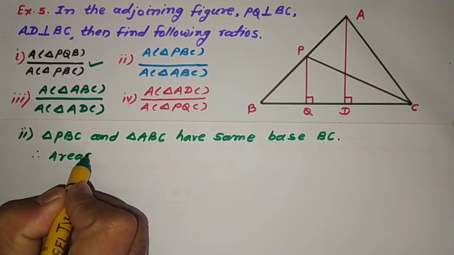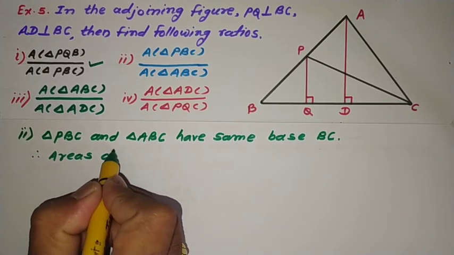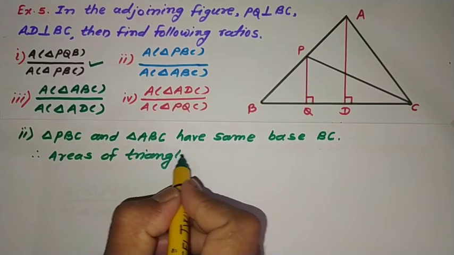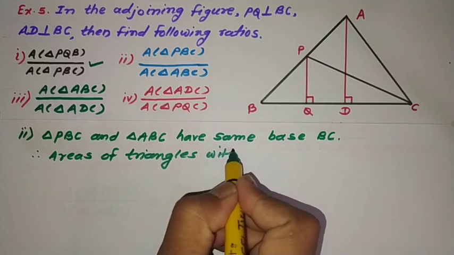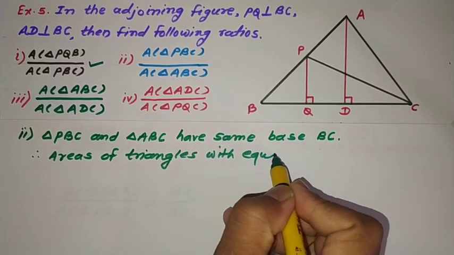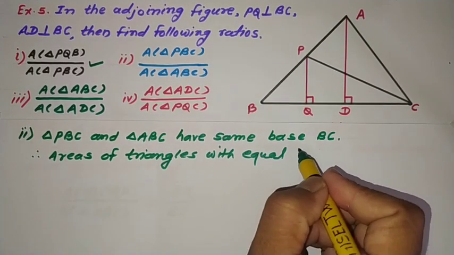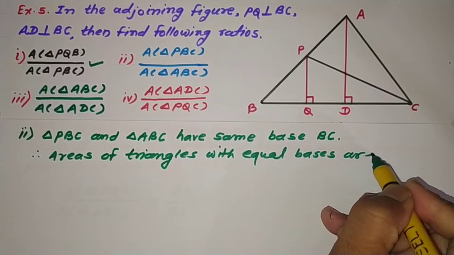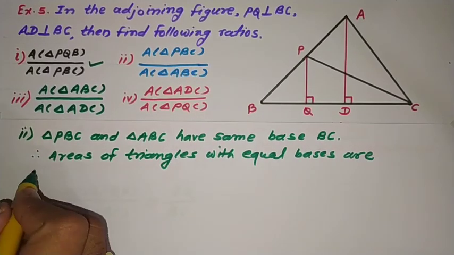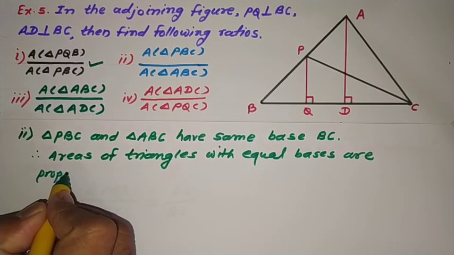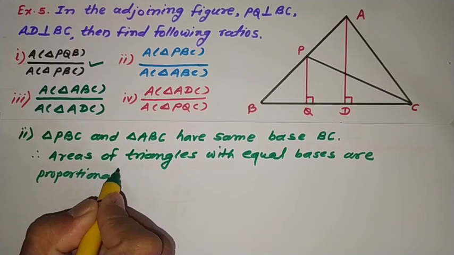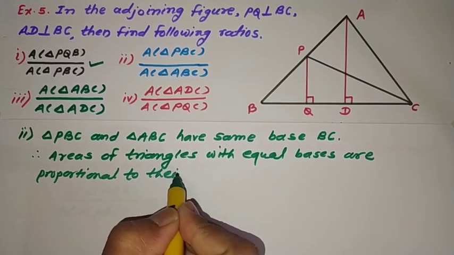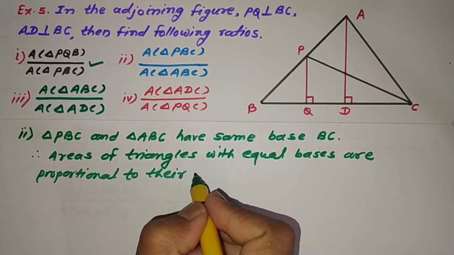The areas of triangles with equal bases are proportional to their corresponding heights.